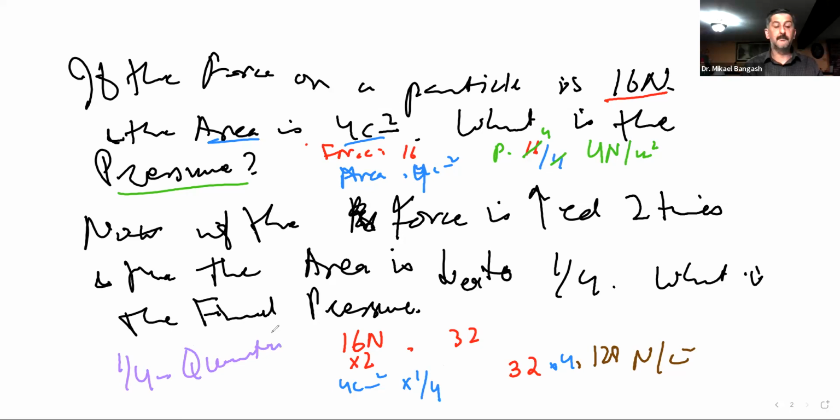It's just a quarter, right? That's just written as a fraction. Another way of saying a quarter is 0.25. So whether you multiply 32 by 4 or divide 32 by 0.25, it comes out the same.